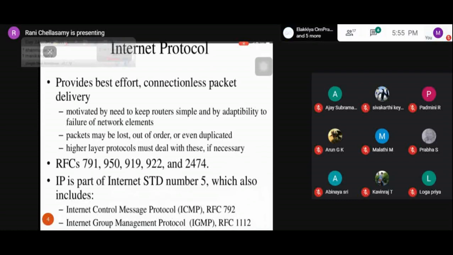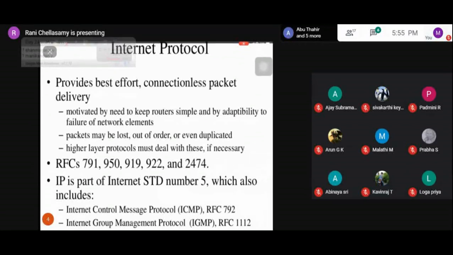Also, if you are using Internet Protocol, the packet may be lost, or it may arrive out of order at the destination point, or it may even be duplicated in between the transmission. So all these can occur with the usage of Internet Protocol.